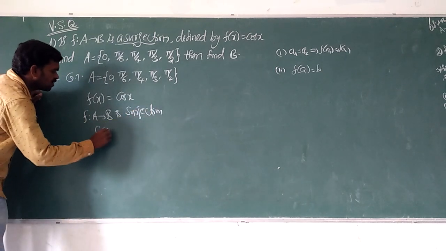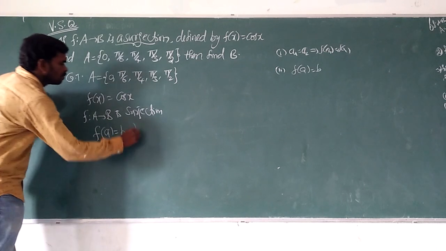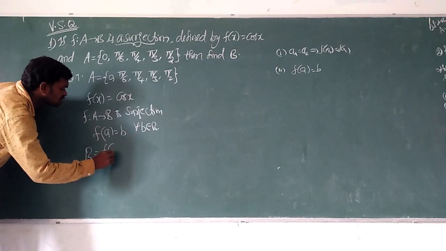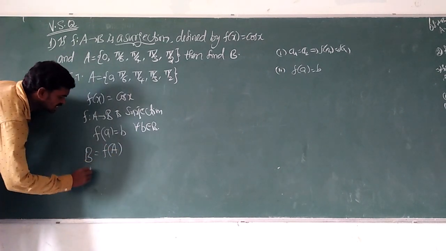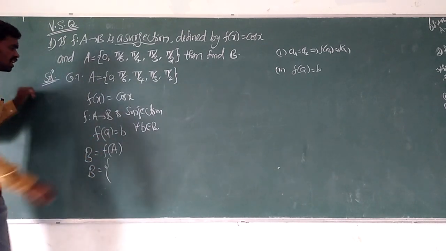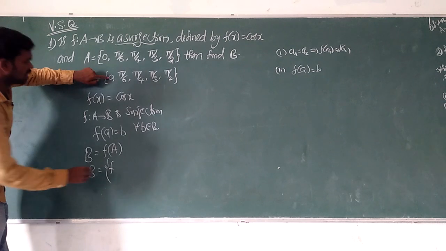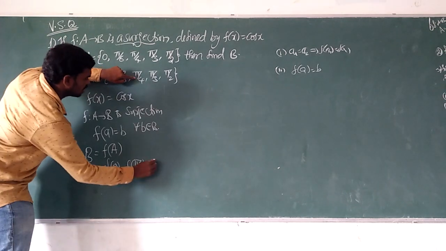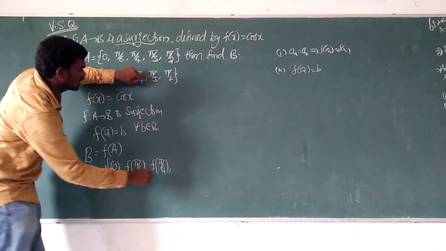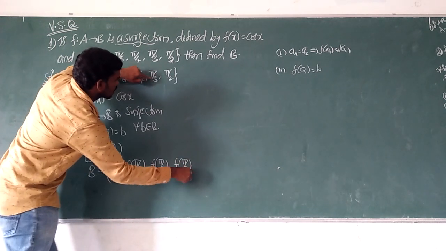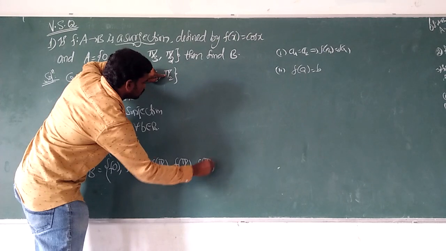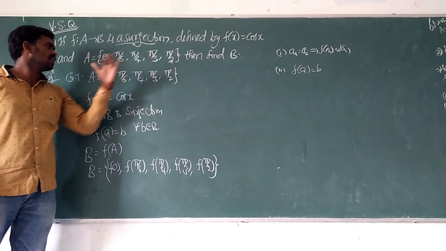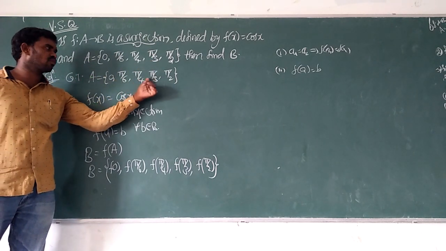Surjection means f of A equals B. So set capital B equals f of set capital A. That means B equals f of each and every element: f of 0, next f of pi by 6, next f of pi by 4, next f of pi by 3, next f of pi by 2.